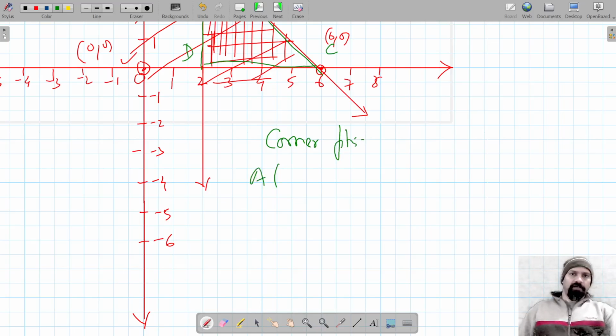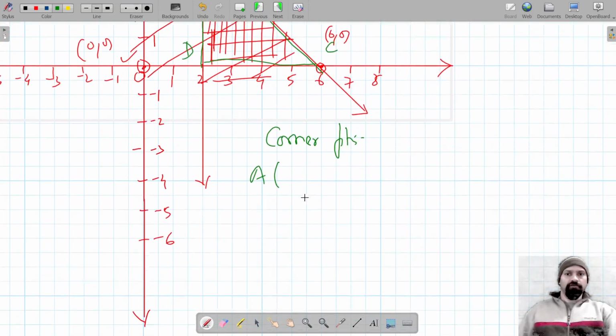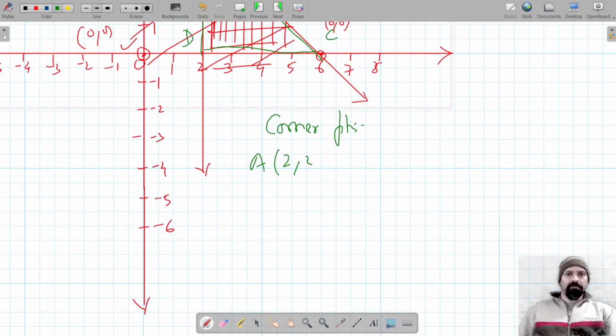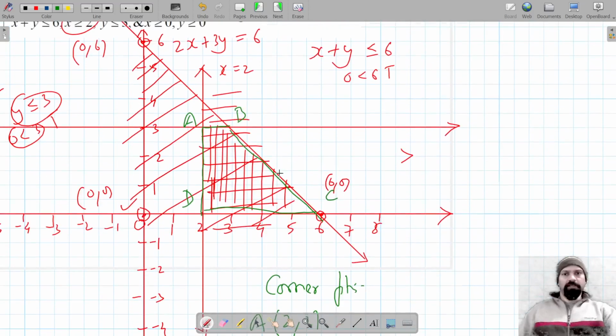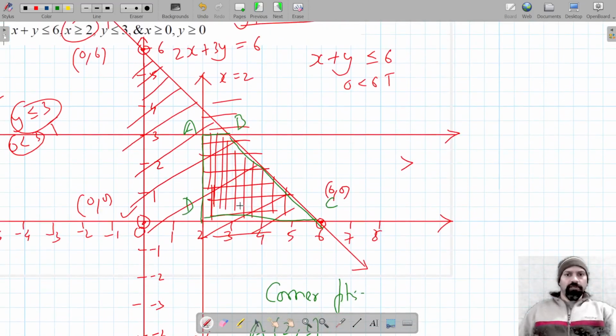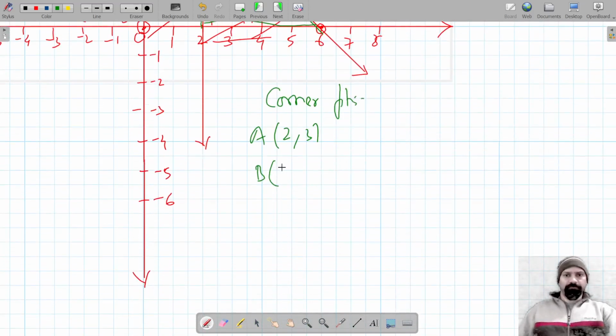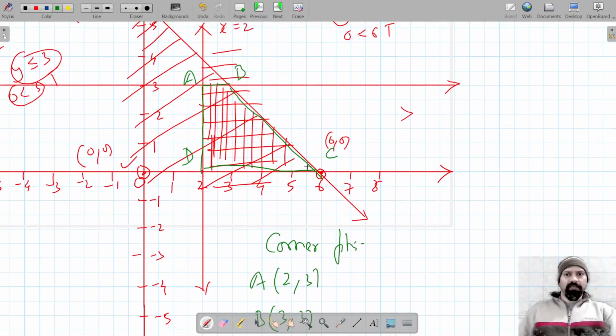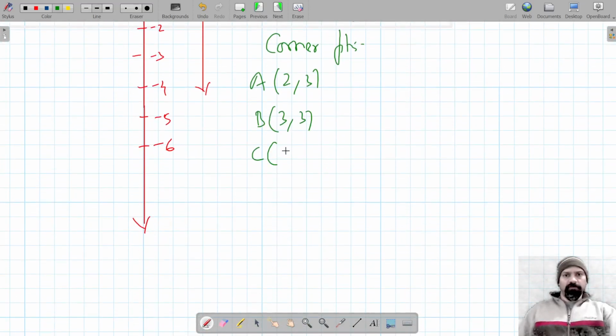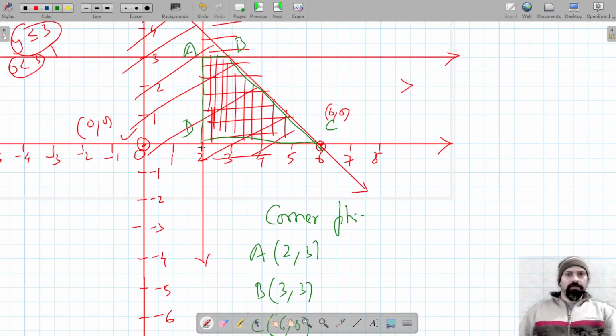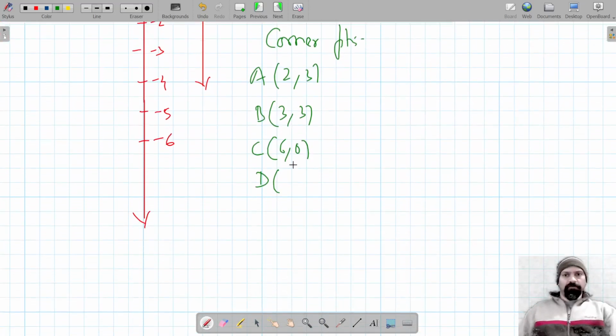So the corner points are A, which is 2 comma 3. Then B, which is 3 comma 3. Then C, which is 6 comma 0. Then D, which is 2 comma 0.